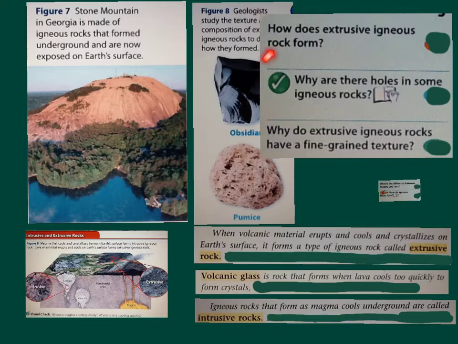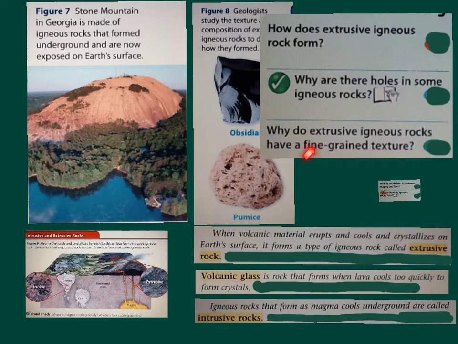How does extrusive igneous rock form? The second one, why are there holes in some igneous rocks? And the third one, why do extrusive igneous rocks have a fine-grained texture? So pick one of those three, pause this, write your question, and answer it from the information that we just talked about.